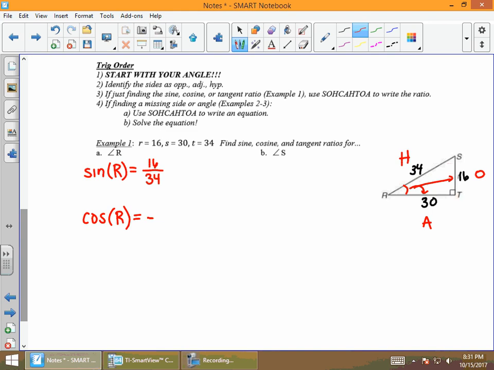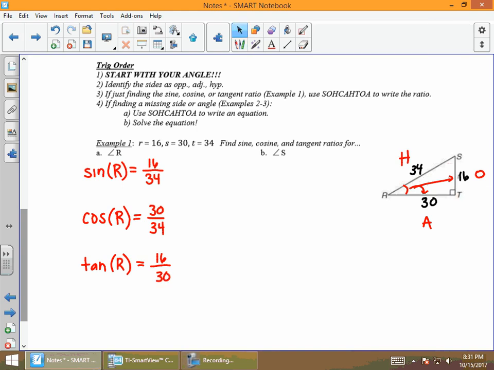So A over H, the adjacent side, which is 30, over H, the hypotenuse, which is 34. And again, I could reduce that fraction if I wanted to, or turn it into a decimal if I wanted to. And the tangent of angle R, in SOH, TOA, that's O over A. So O is 16, it's the opposite. A is 30, it is the adjacent. And again, if I wanted to simplify that, I could simplify that.